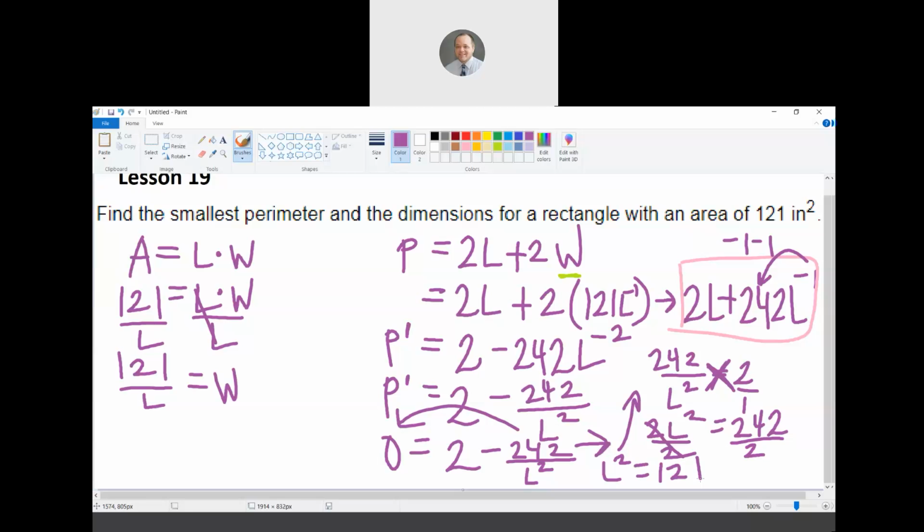To get L by itself, you do the opposite of squaring something, which is taking the square root of both sides. Now, normally when you take the square root of a number, you have two answers, but we reject the negative answer because we can't have negative length. So our length is exactly 11 inches.